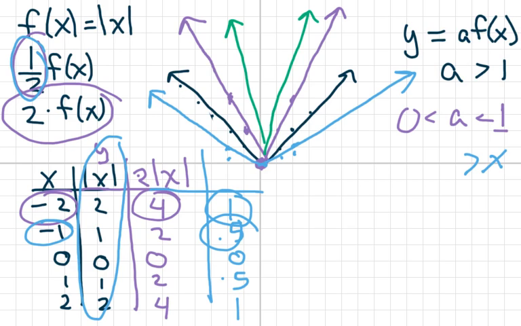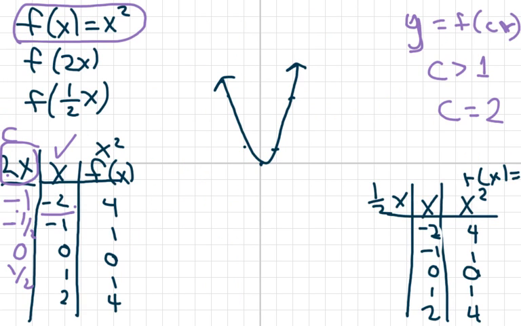We're going to go negative 1, and we're going to graph this. Negative 1 goes to 4. Negative 1/2 goes to negative 1. So I have this and this. And then we're down to 0, and I'm just going to make this symmetric. And so there it is.